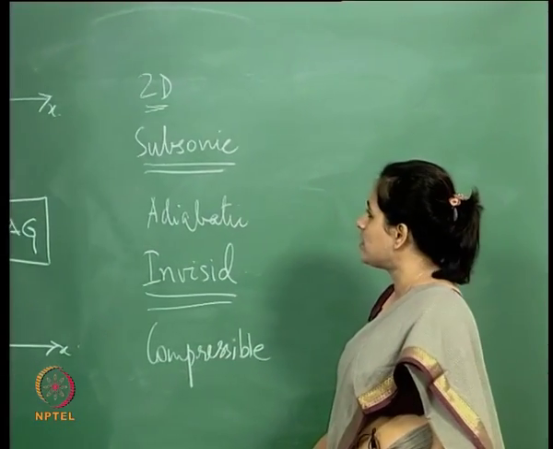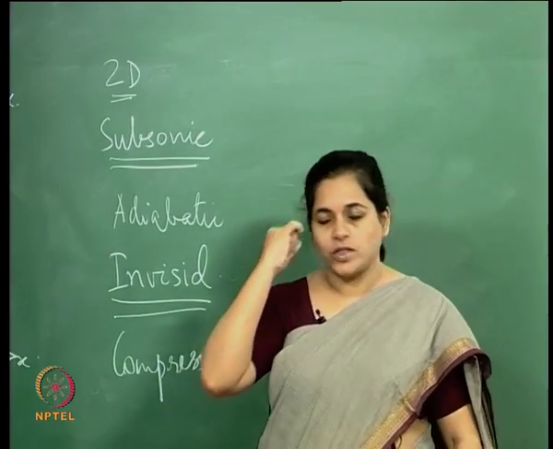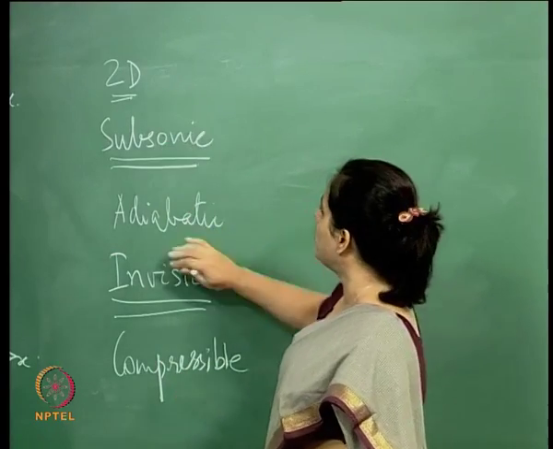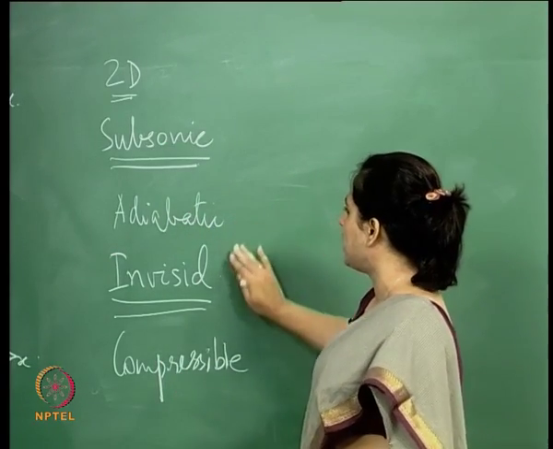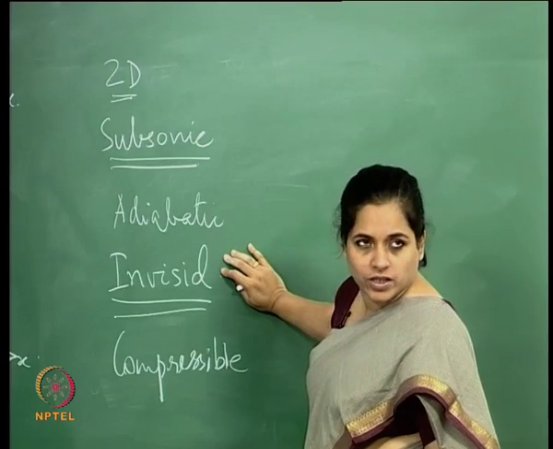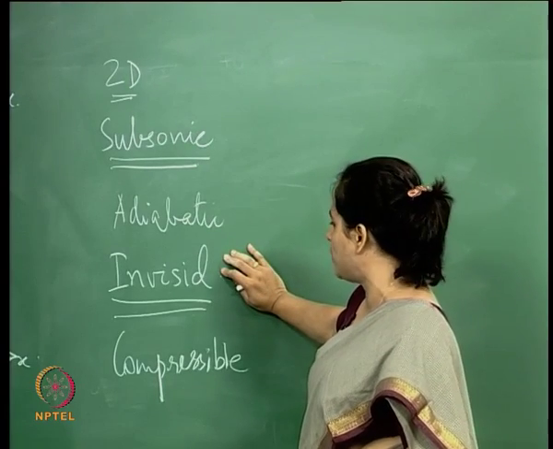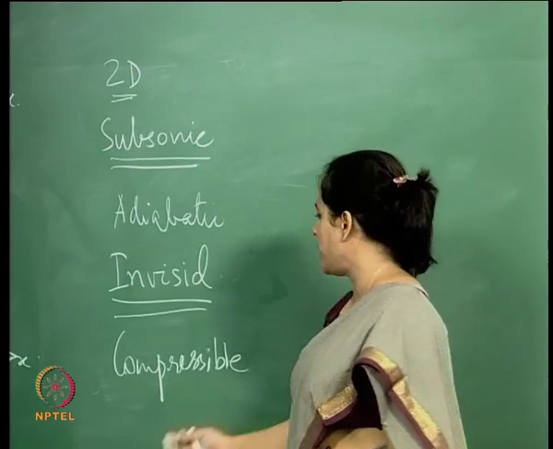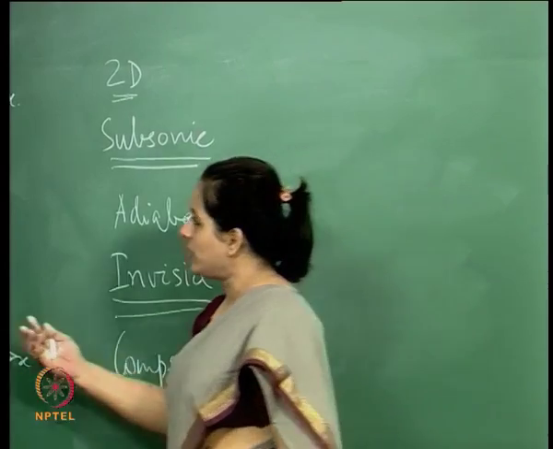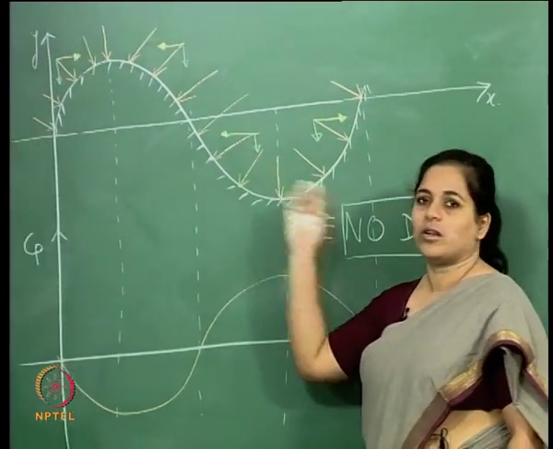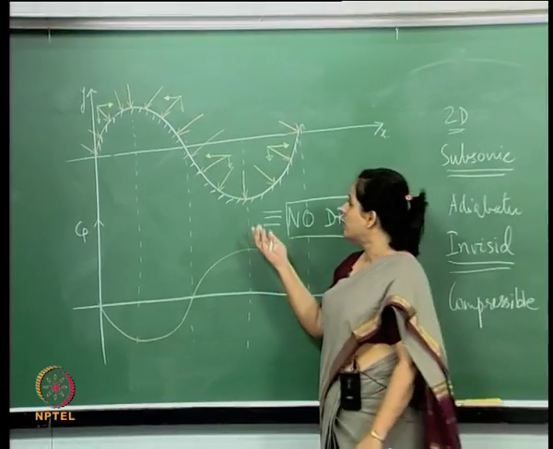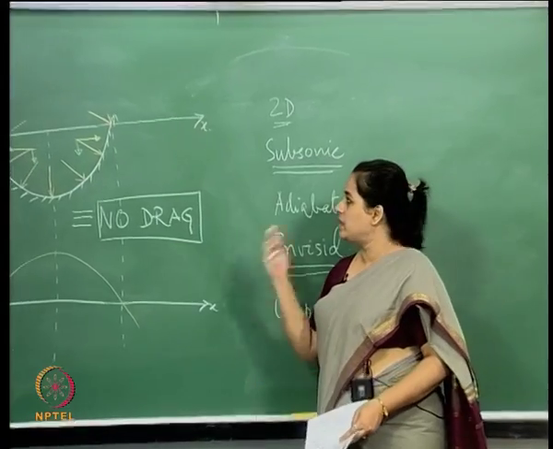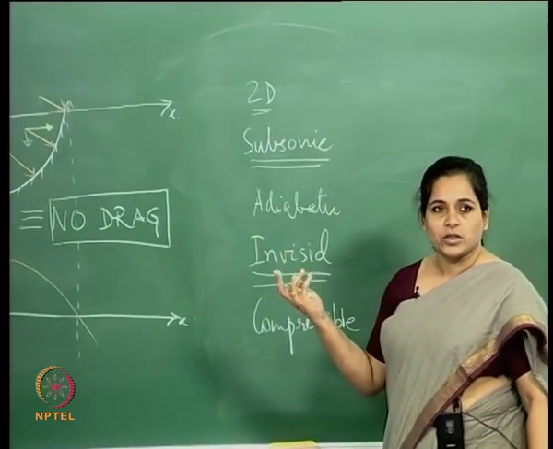So, when we took the wavy wall, we took a 2D problem, we said it was subsonic, it was adiabatic, inviscid, and we did an inviscid solution for this, and we were able to solve the equations. What we find, however, is that all the horizontal components of the pressure cancel out. So, that means there is no drag in the x direction, there is no pressure component. So, there is no drag.